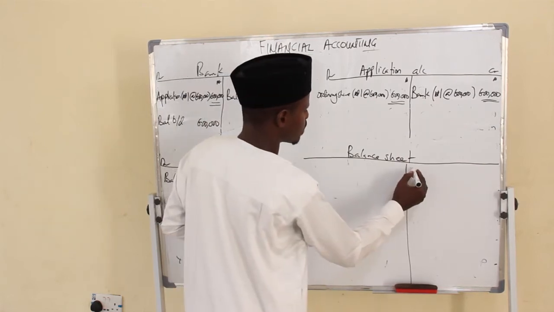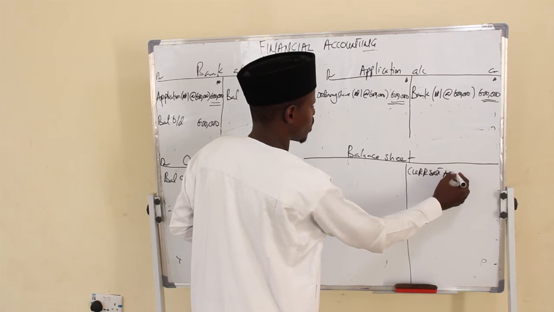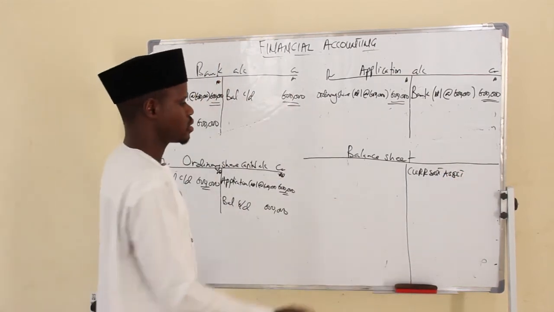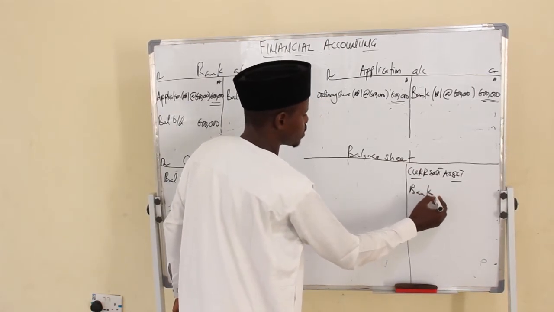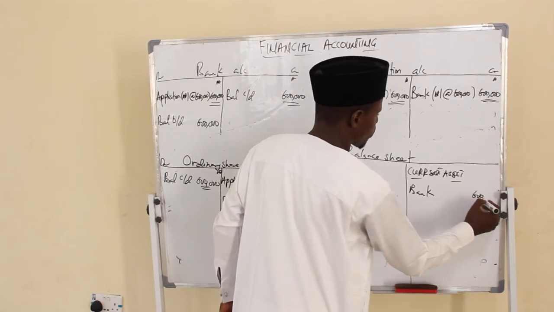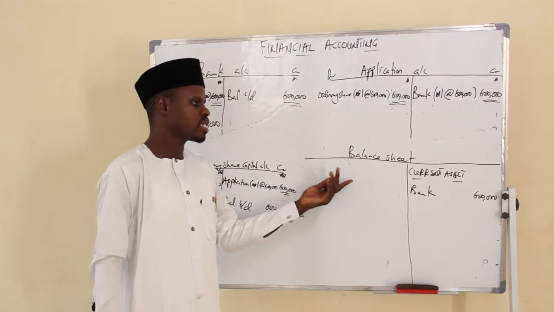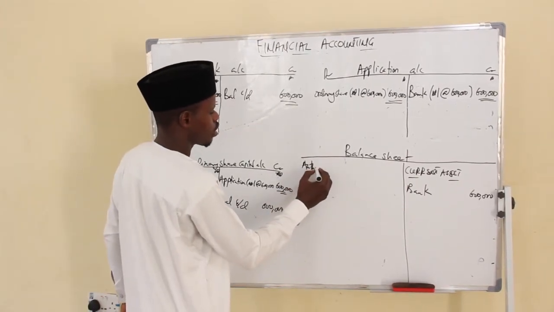On the asset side, in this question we have a current asset, which is the bank account. And how much is the balance in the bank account? We have 600,000. While on the right hand side of the balance sheet, we have authorized capital.